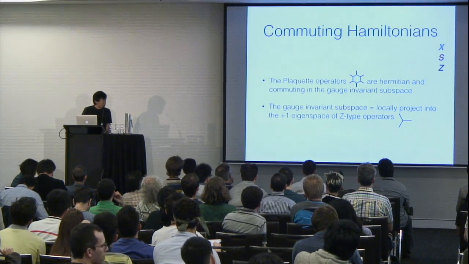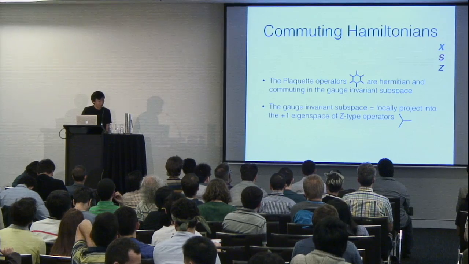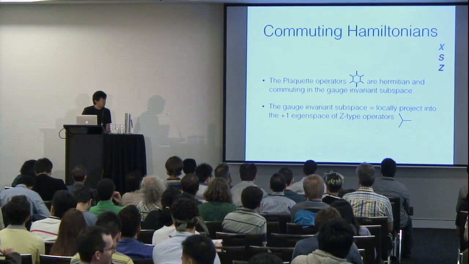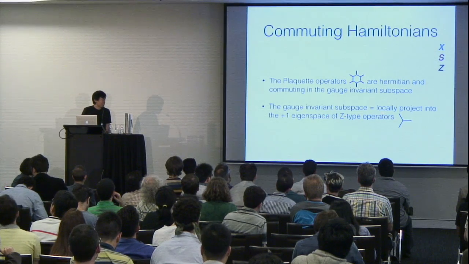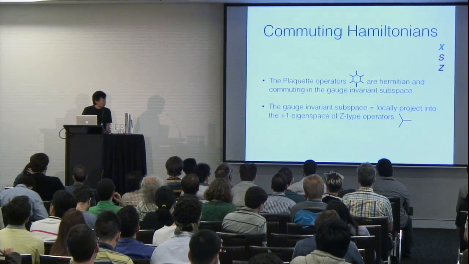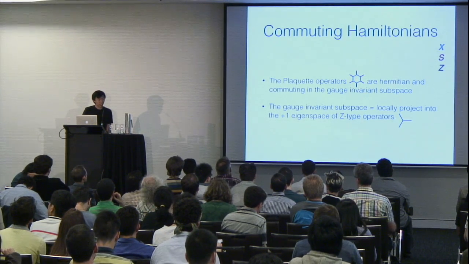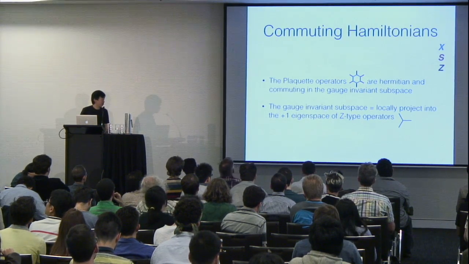And to project into the gauge invariant subspace, you only need to project into the +1 eigenspace of Z-type operators locally. So in the end, after you do the projection, you would still have local Hamiltonian terms.